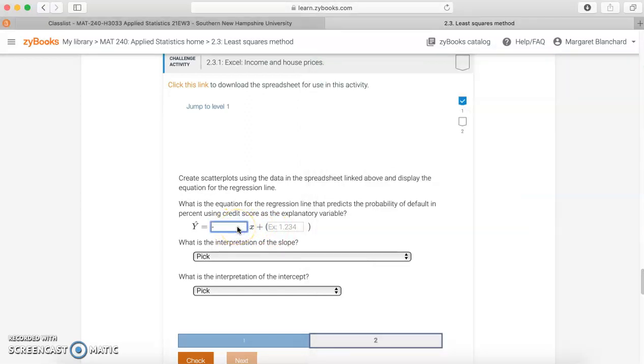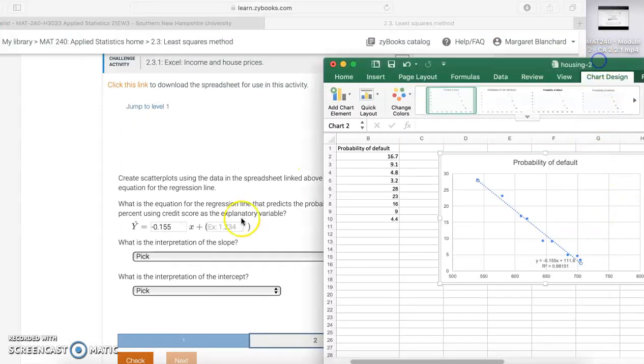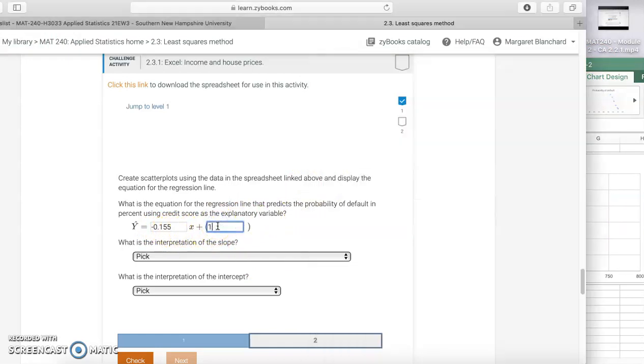So we're going to be negative 0.155x. And here, what did we say? 111.6. But I'm going to go ahead and put 0.6. I'm going to add in those other zeros just to make sure it's got the right number of decimals.